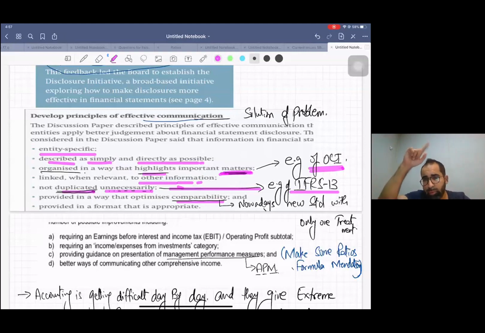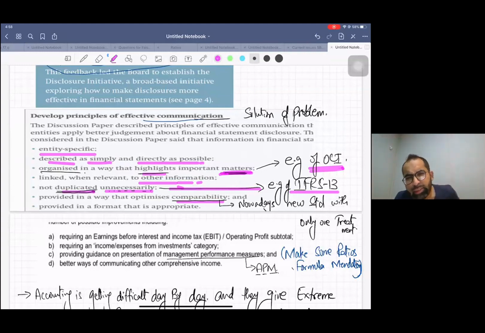First of all, we discuss the problem, and then this is the solution. Now, a few more guidelines by the board. They are planning. That's their plan. Not yet implemented, but they are planning requiring an earnings before interest and income tax, EBIT, operating profit subtotal.